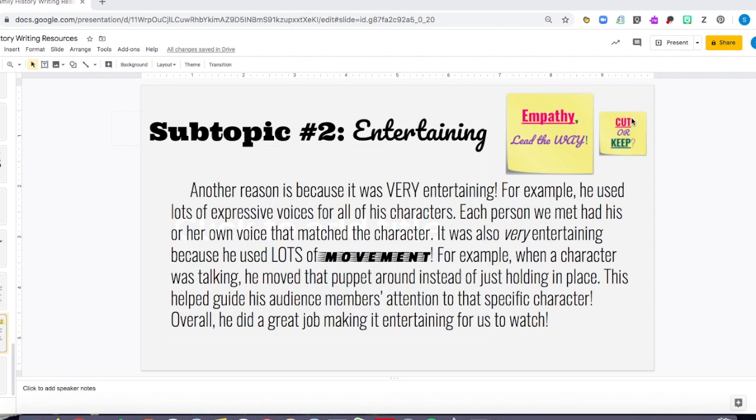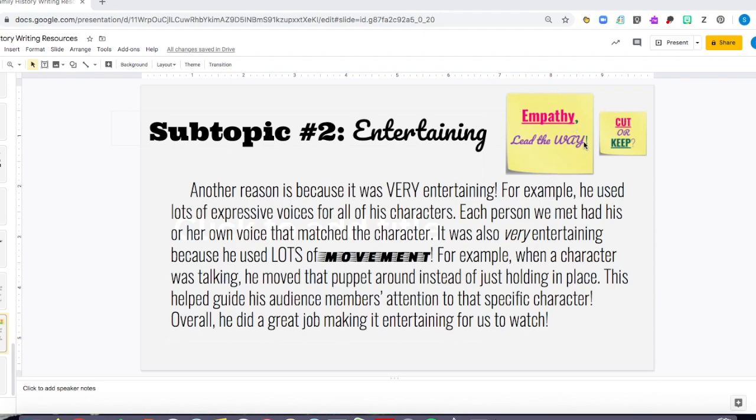So remember that we had to reread our work and think about whether we needed to keep all of our ands or could we cut some of them to make our writing a little bit clearer. So I have that on a small post-it here, just so I can keep that strategy in my mind if I need to use it today.